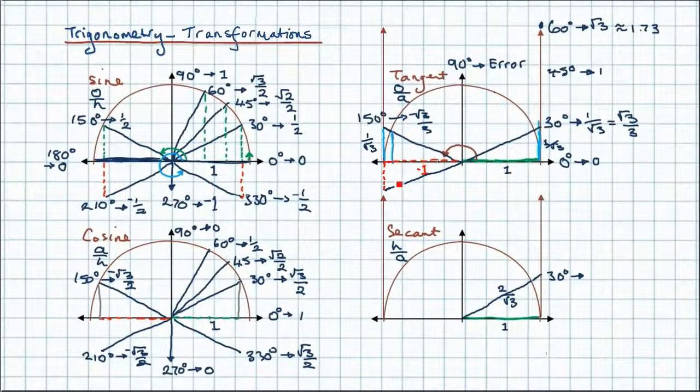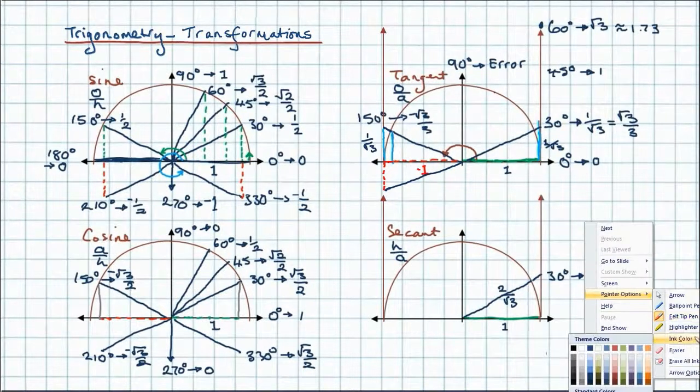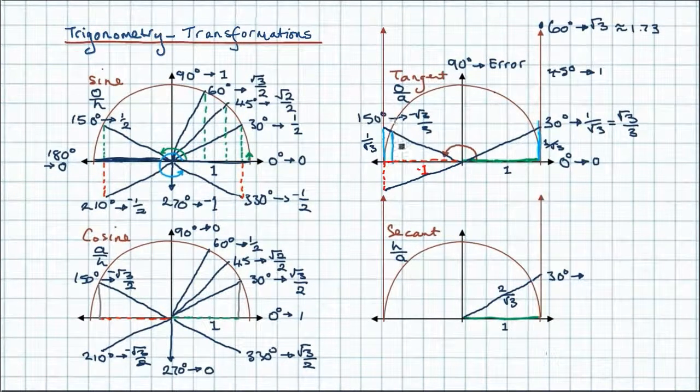Now in this case, what's happened then to the tangent is that it's become a negative divided by negative. In other words, let's have a look. The opposite side has become -1 over √3, and as we can see, we've got a -1 for the adjacent side.